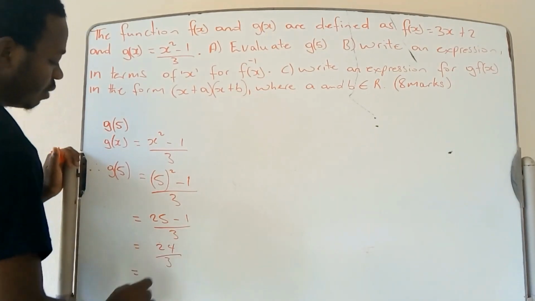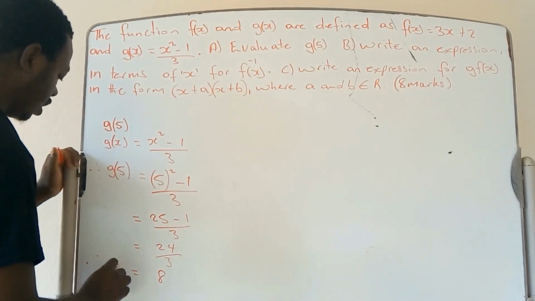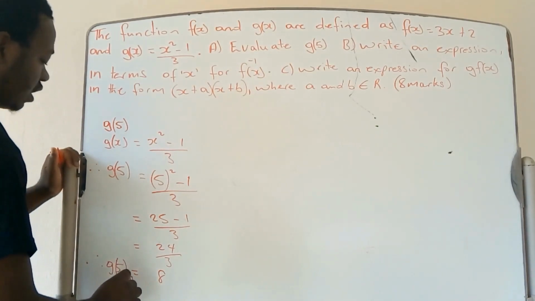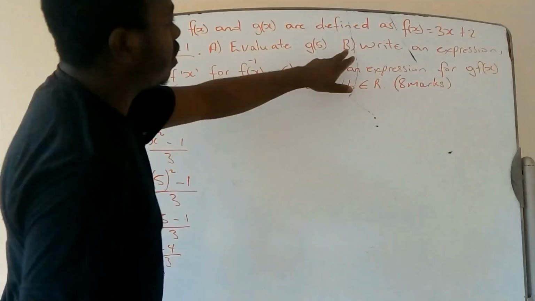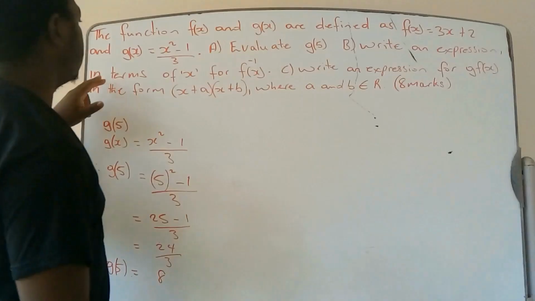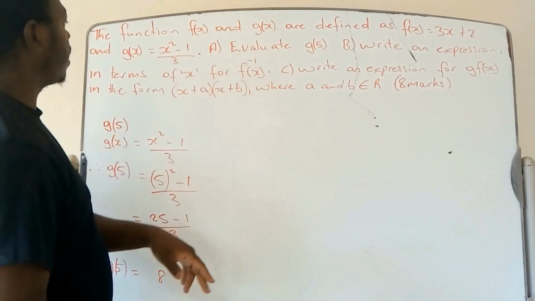And 24 divided by 3, that gives us 8. So therefore, g of 5 is equal to 8.